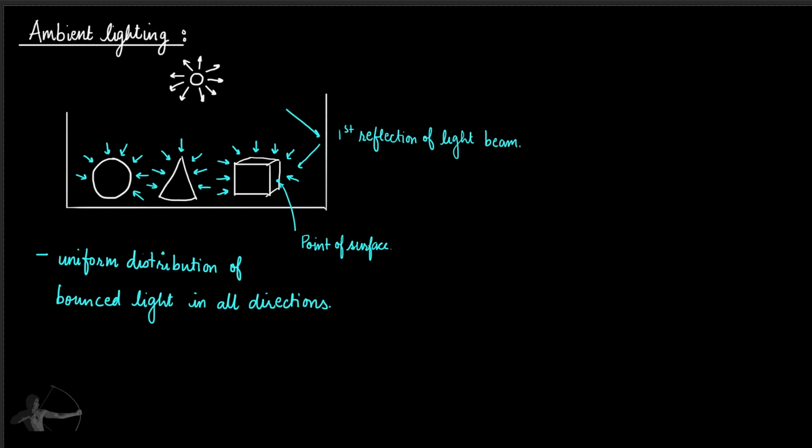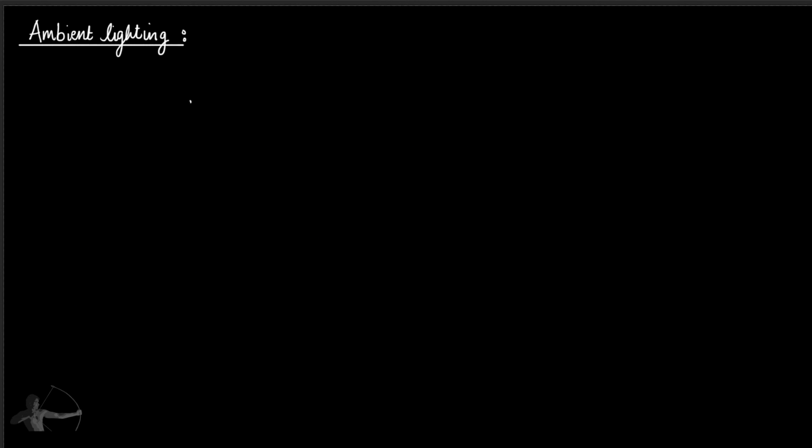So for the mathematical representation of ambient light in the scene, we will create a variable that will be the value of uniformly bounced light in that scene. So the equation of the ambient light will become ambient property of the material multiplied by global ambient value.